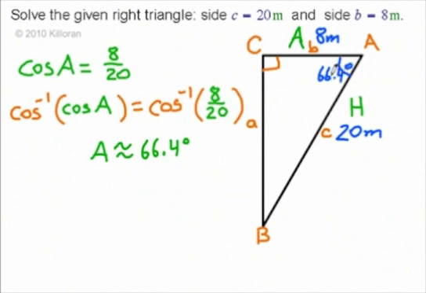Now I could use subtraction to come up with this second angle down here, this angle B, and we can subtract 66.4 from 90, and we get this angle as 23.6 degrees. But I want to go the long way about it, just to do one more example of this inverse function thing.